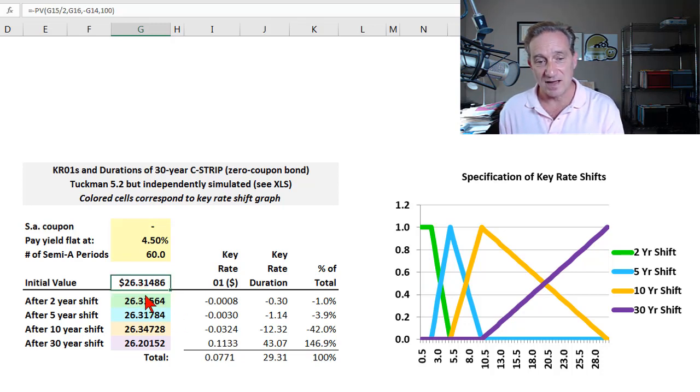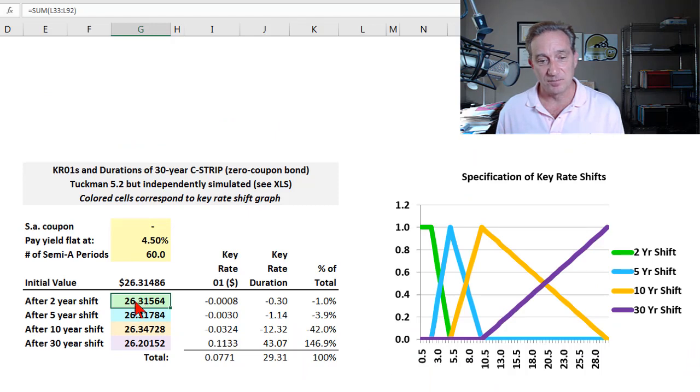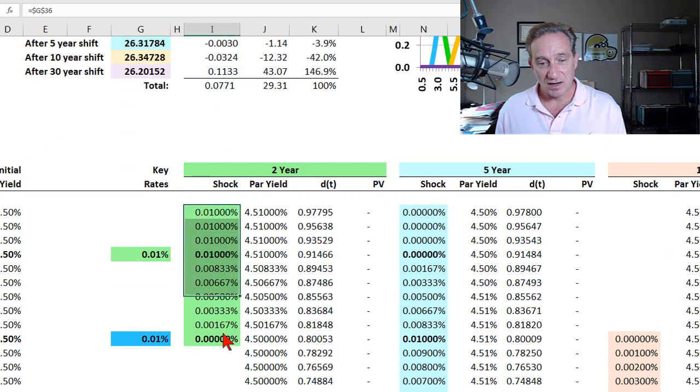We start here with an initial value of pricing this bond at a flat 4.5% of 26.31. And then below here, as part of the spreadsheet that I certainly won't go into detail on, I do the repricing, right? So here for the 2 years, all I've done is I have the shock, and in green is that initial part of the term structure that's affected.